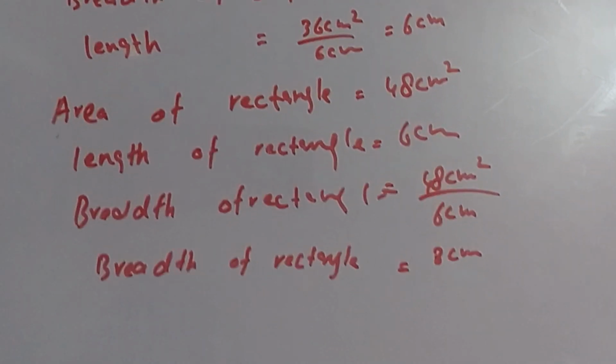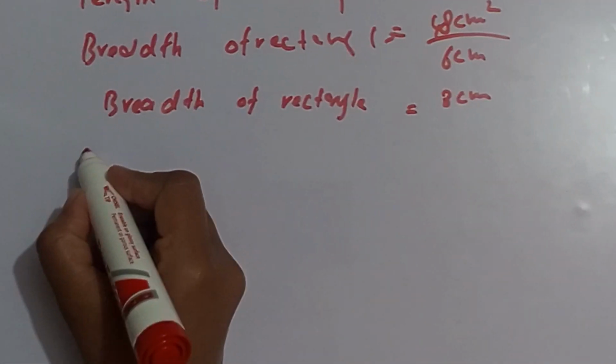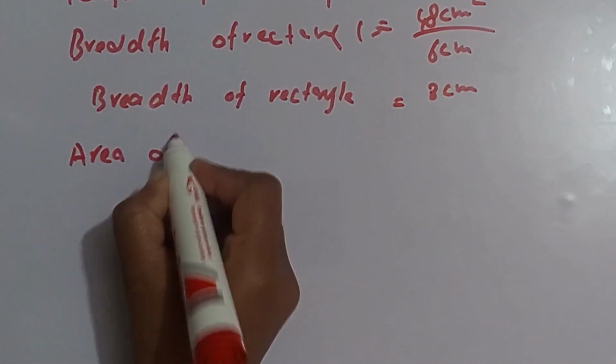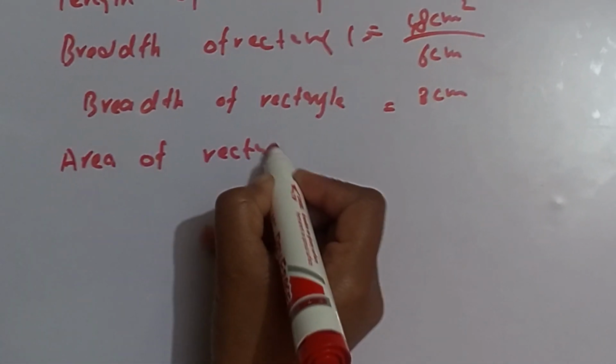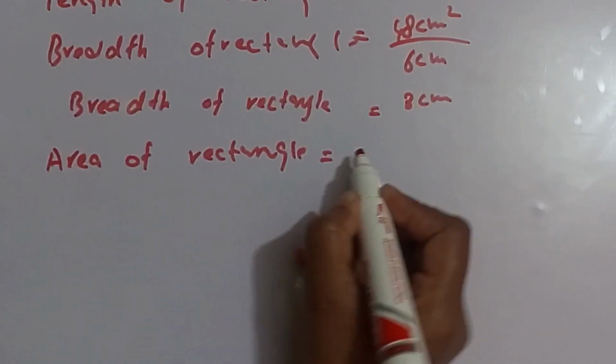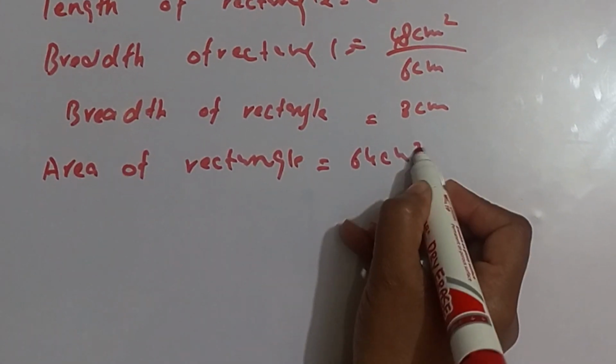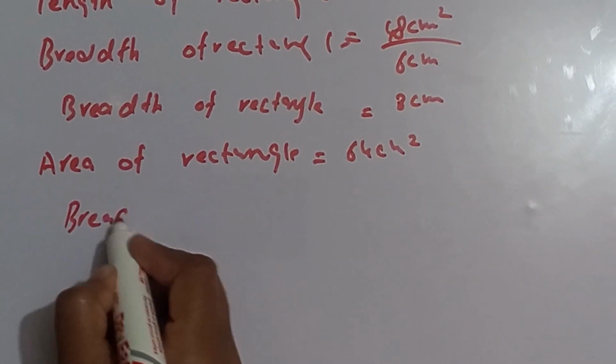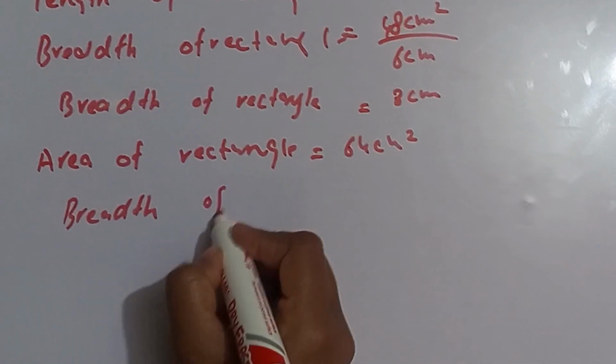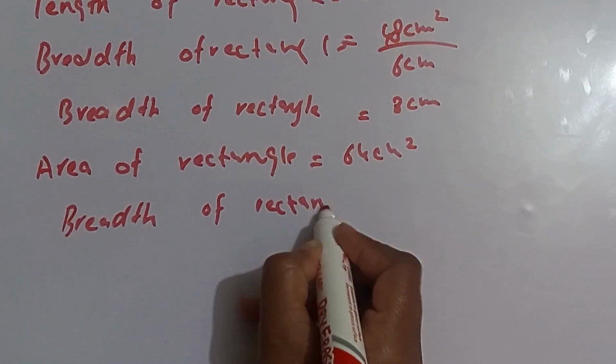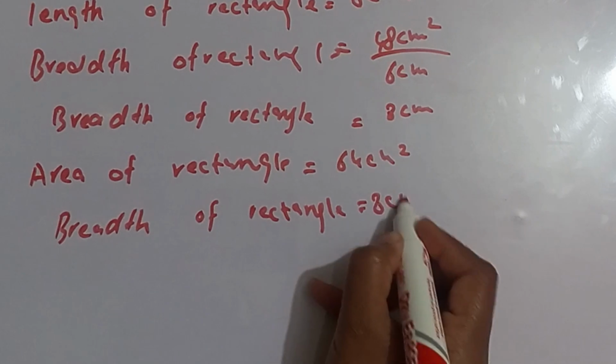Let's consider this a rectangle. Area of the rectangle is given, which is 64 centimeter square, and the breadth of the rectangle is 8 centimeter.